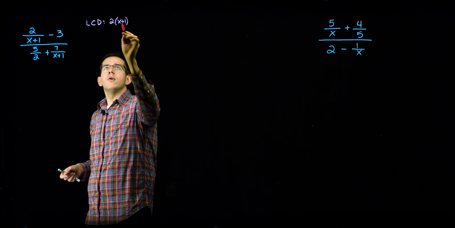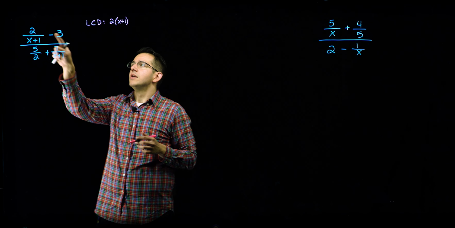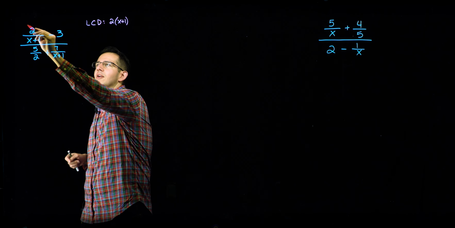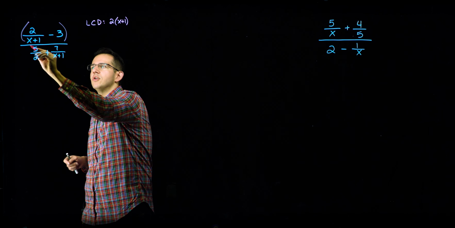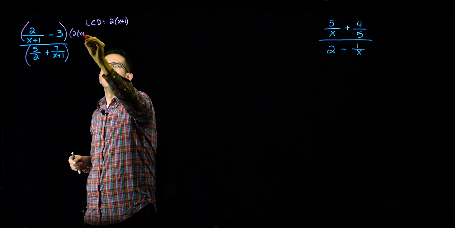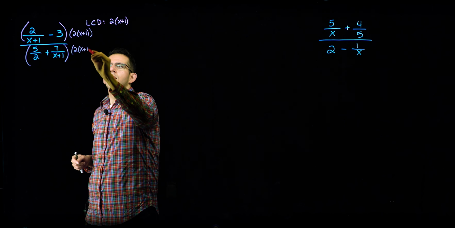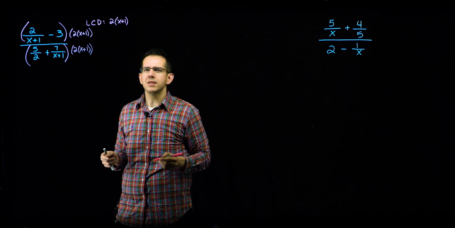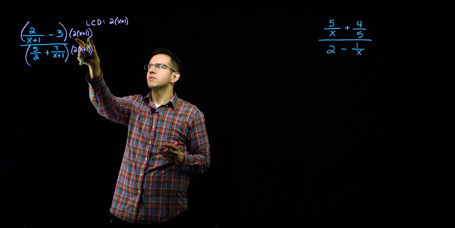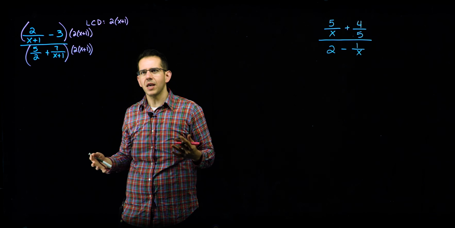So we're going to take this 2 times x plus 1 and multiply it to the numerator and denominator of the large fraction. Another way to do this that might be easier to visualize is just multiply it to every term that's being added or subtracted. It's the same thing.